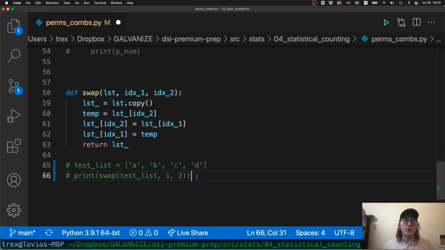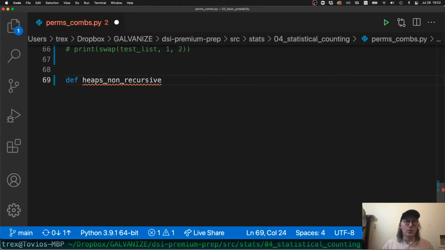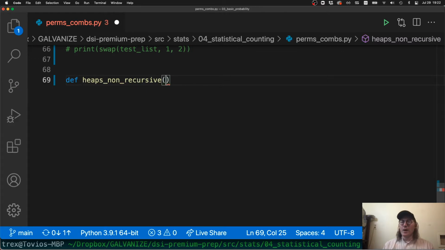And now we'll get into something that's a little bit headier. And this is going to be Heaps Algorithm. And I'm writing a form of heaps that is not recursive. Now, what do I mean by recursion? By recursive, this function is not going to call itself. And you're going to find this out in the world, that there are functions that call themselves, and there are functions that do not call themselves.